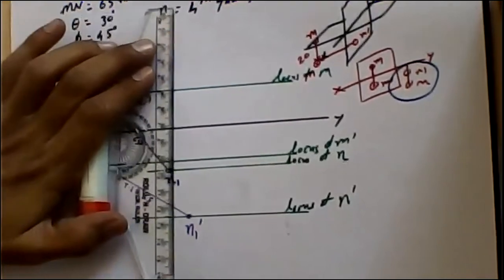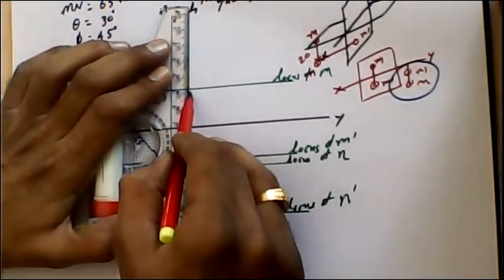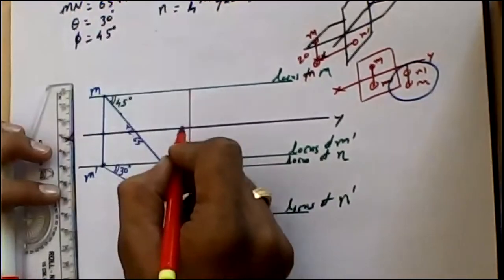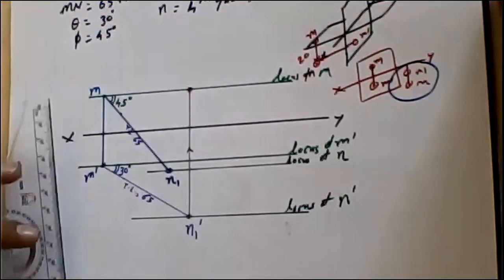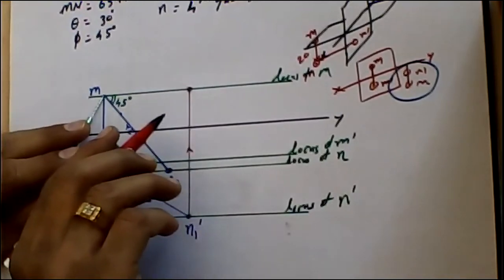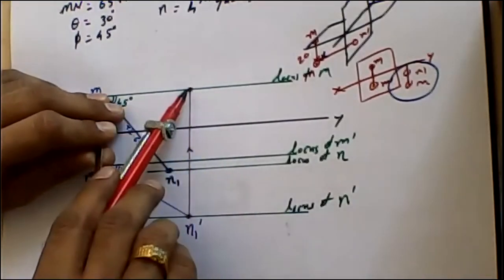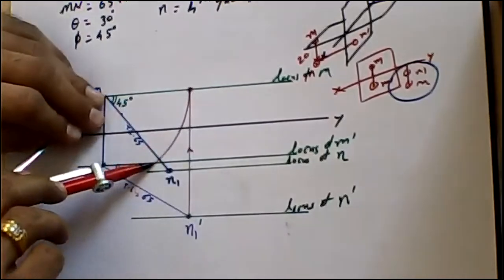So from N dash, if I'm starting, then N in elevation. From N in elevation I should go to M in plan. So this is going to be a straight line up to M in plan. And from here we need to make an arc up to the locus of N. From M in plan to N in plan I need to draft an arc.